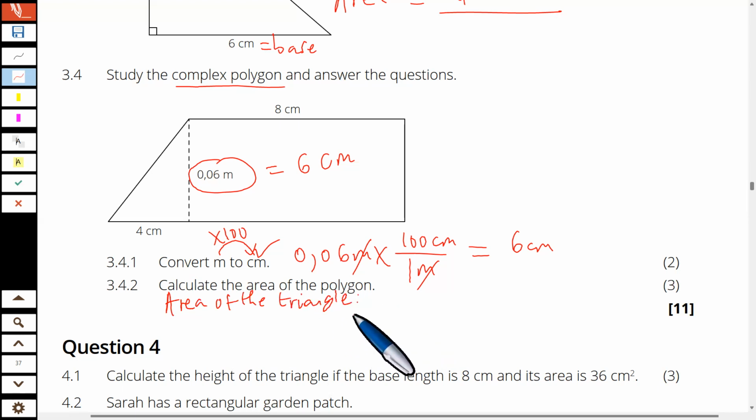What is the area of the triangle? The area of the triangle is half base by height. What is the base? The base is 4.